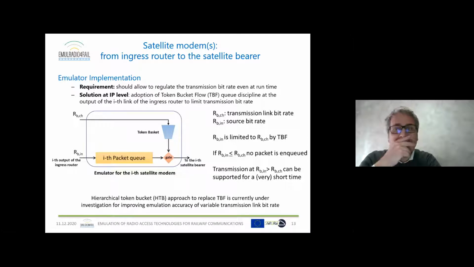Because in this way we are able to emulate the different bit rate of the terminal, both in upstream and downstream, in order to see the different accommodation of the packets, if it happens, and also the possibility to manage additional impairments of the traffic.